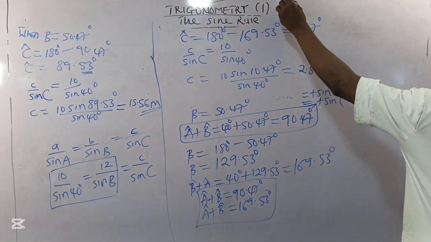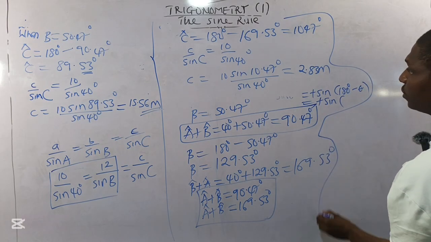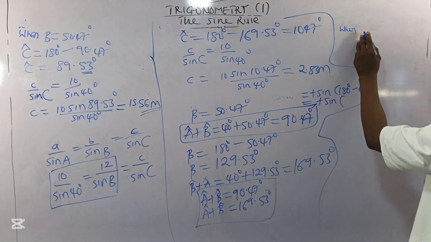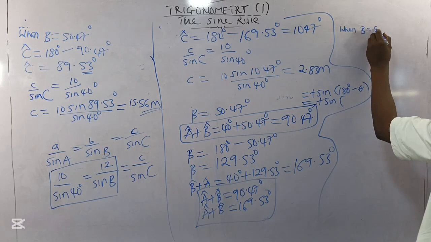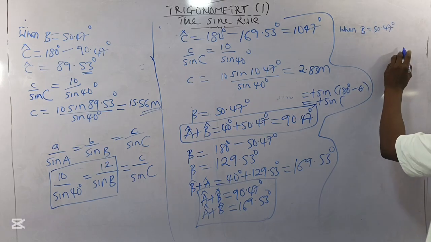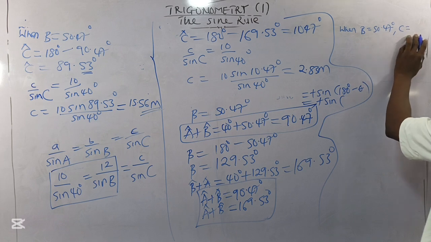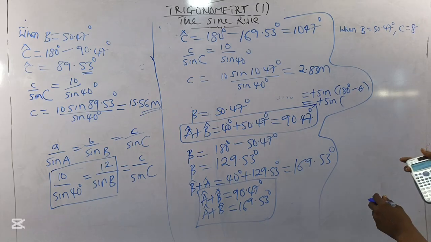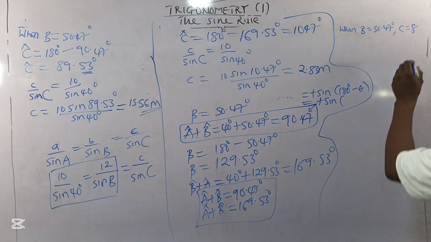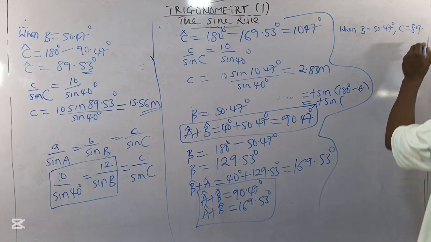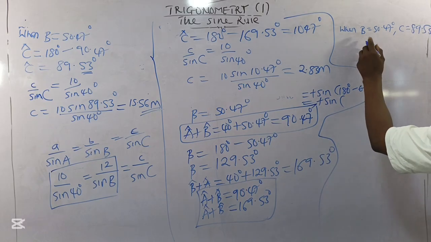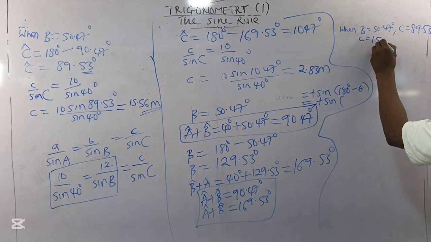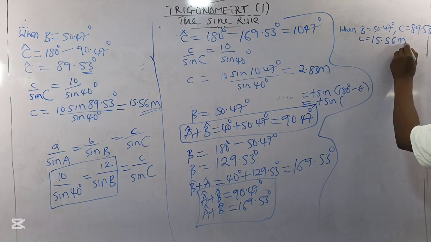So you see that when B equals 50.47 degrees, angle C is equal to 89.53 degrees, and small letter c was equal to 15.56 meters.